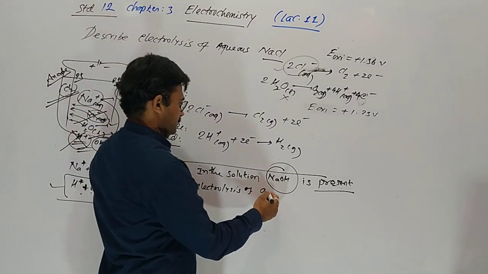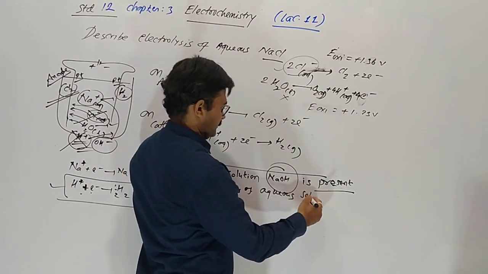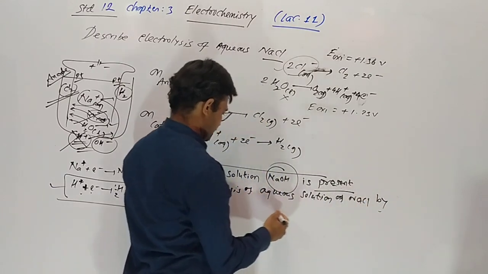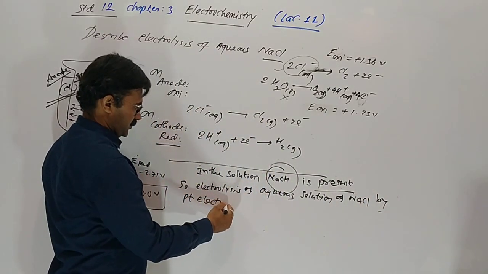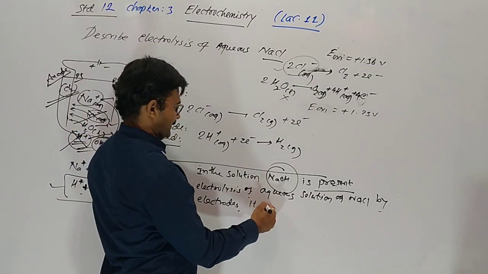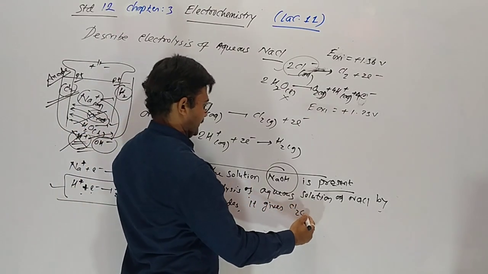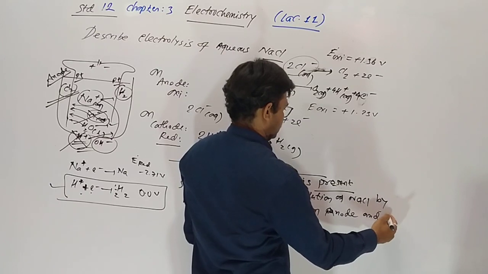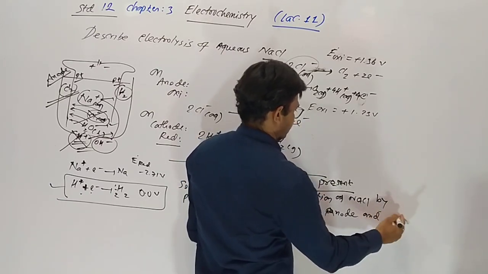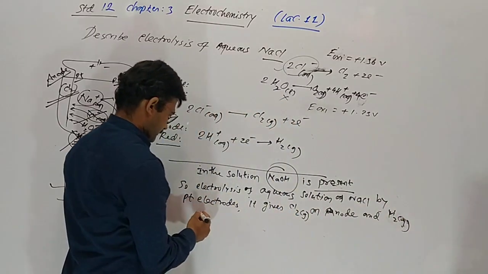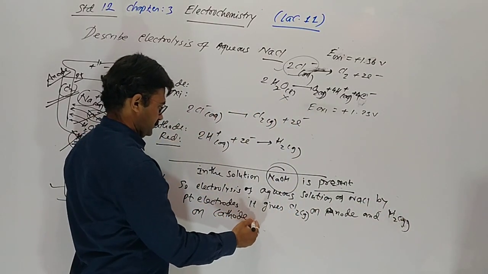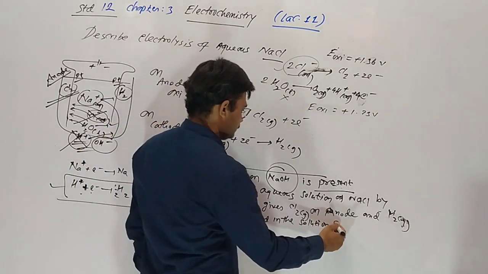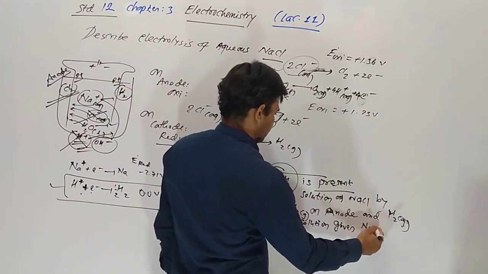Electrolysis of aqueous solution of NaCl by platinum electrodes gives chlorine gas on anode and hydrogen gas on cathode, and in the solution gives sodium hydroxide.